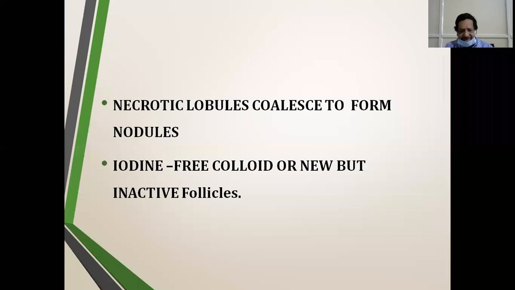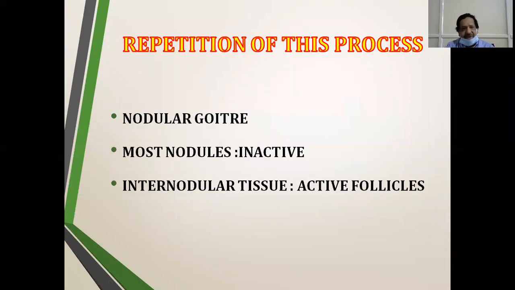It cannot go back into a normal state. Now, repetition of this process, we have seen fluctuating stimulation, fluctuating response of individual follicles, variable blood supply, ultimately results over a period of time into the nodular goiter stage.